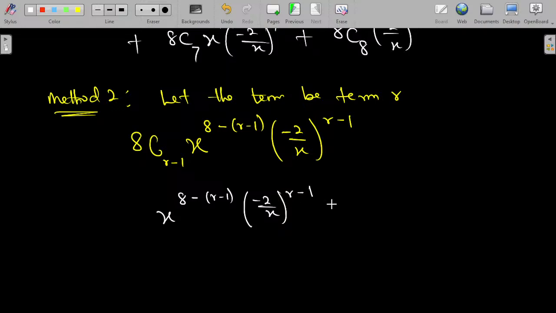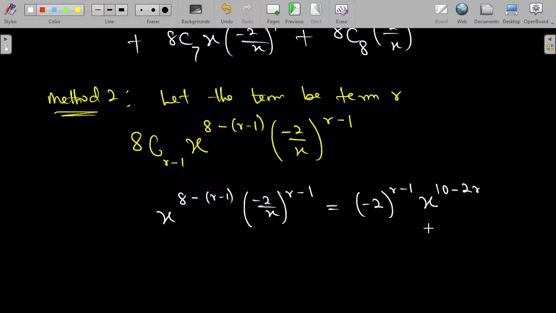And they said this is the same thing as minus 2 to the power of r minus 1 multiplied by x to the power of 10 minus 2r.